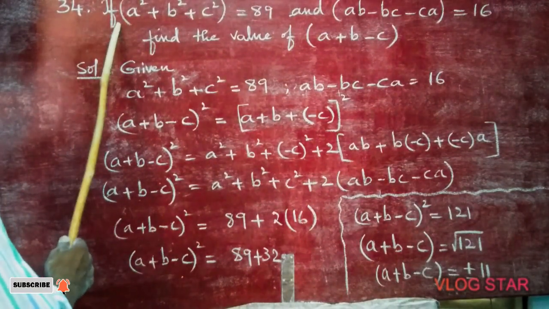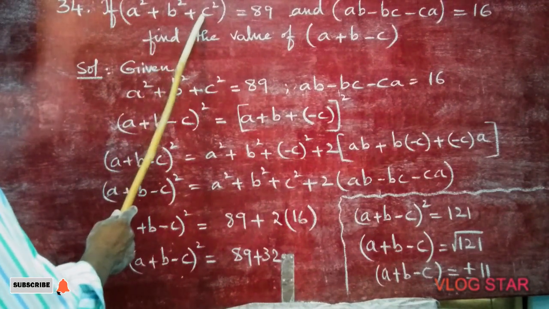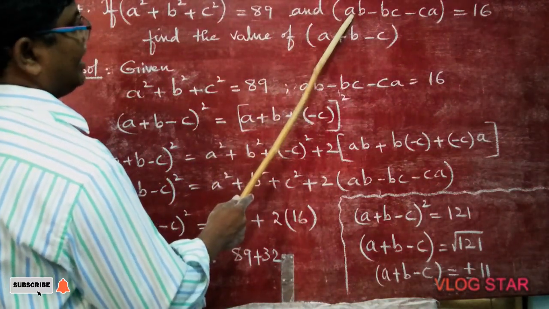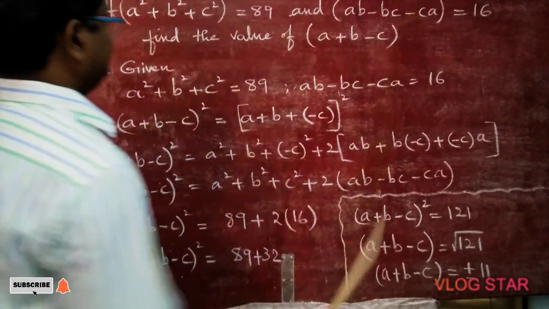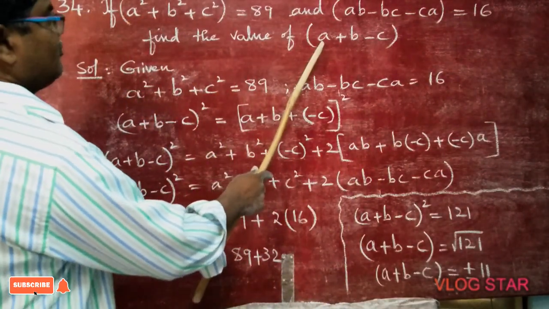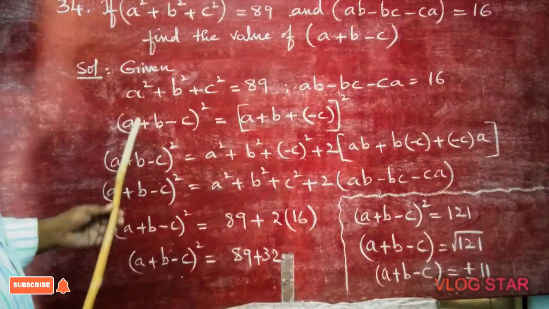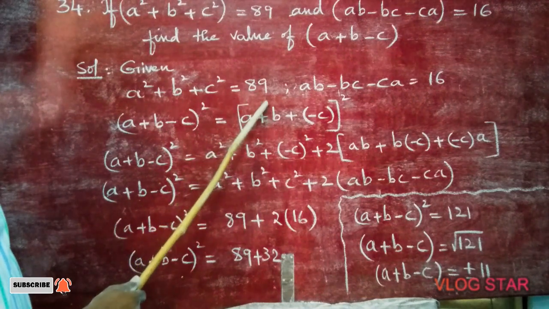34th problem. If a square plus b square plus c square is equal to 89 and ab minus bc minus ca is equal to 16, find the value of a plus b minus c. What is given? a square plus b square plus c square is equal to 89.